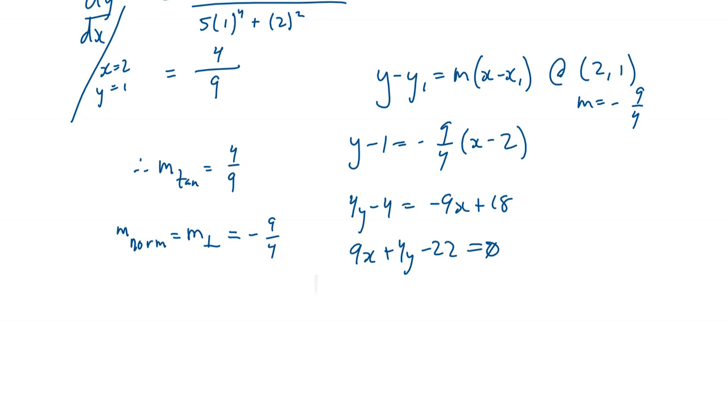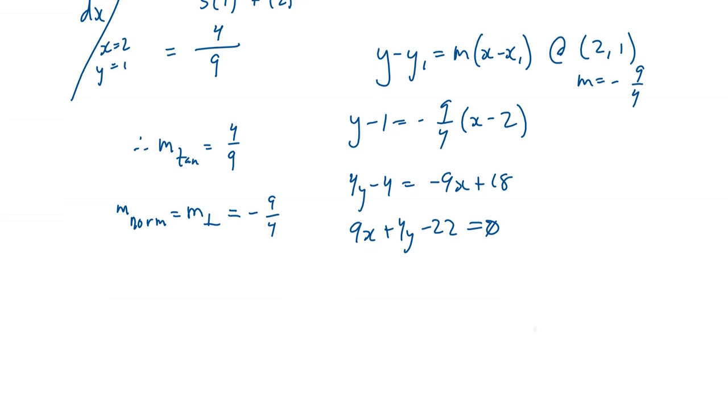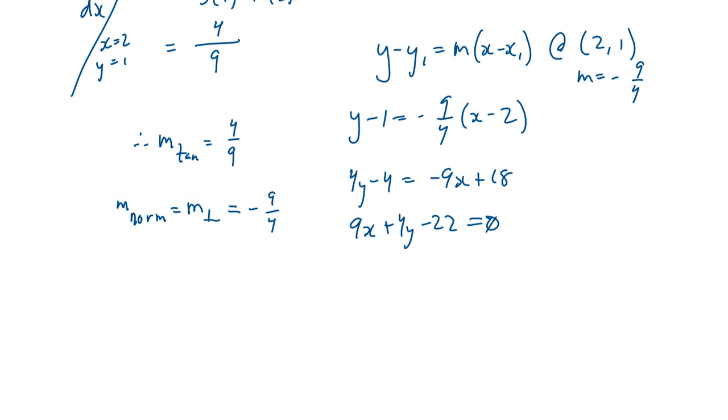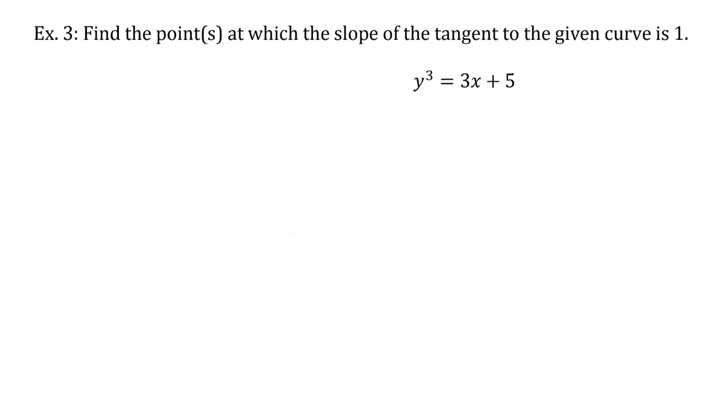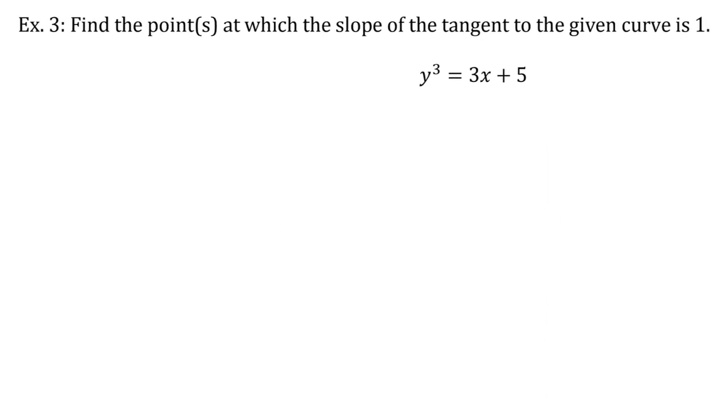Okay, we're going to do one more. Find the points at which the slope of the tangent to the given curve is 1.